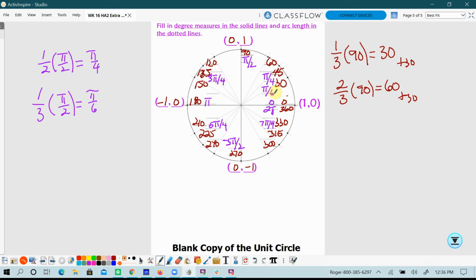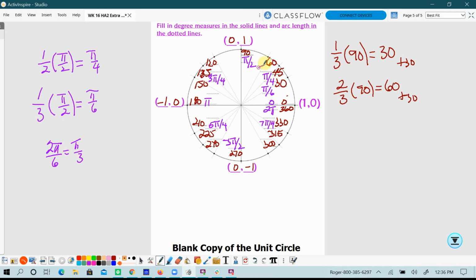So if we count this out around the circle now in terms of sixths of pi, this is pi right here clearly. So I'm going in 1/6 chunks, right? If I say 1/6 is here, another 30 or another 1/6 would be here. That's 2/6 pi, which, remember, is pi over 3.